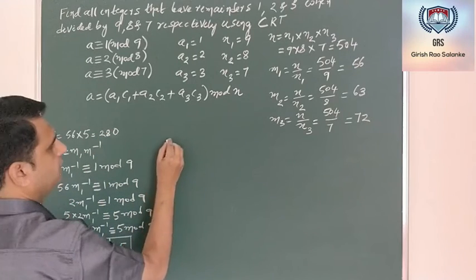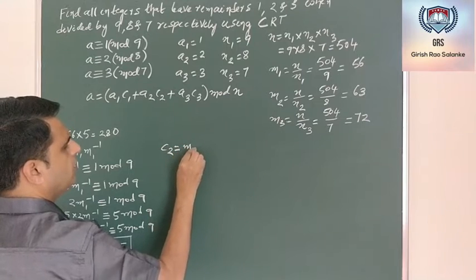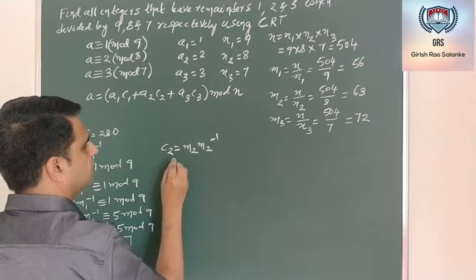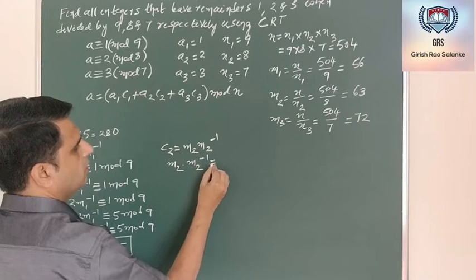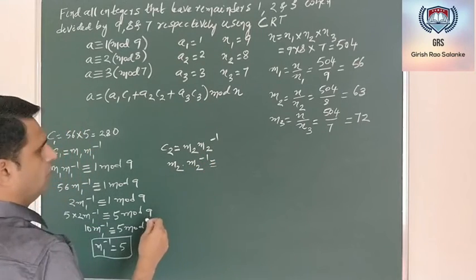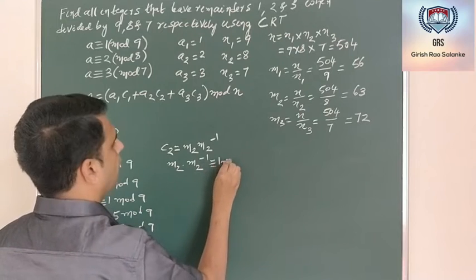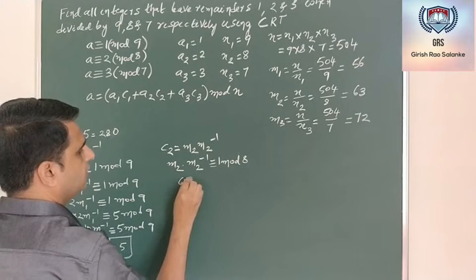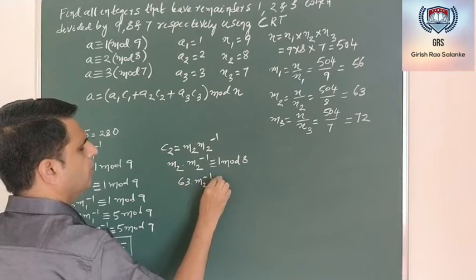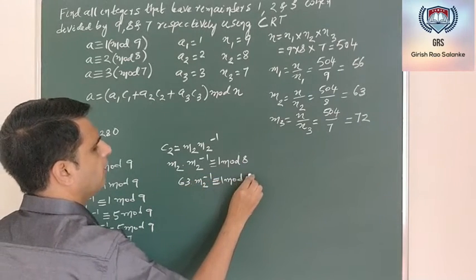Now similarly find C2. C2 is m2 into m2 inverse. So m2 into m2 inverse is congruent to 1 mod 8. The m2 value I know is 63, so 63 into m2 inverse is congruent to 1 mod 8.